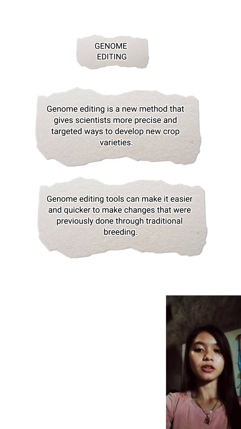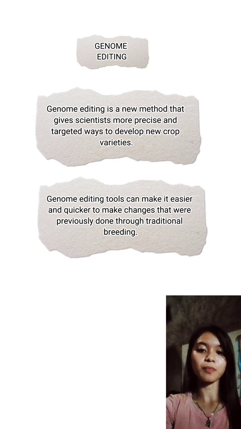So, genome editing is a group of technologies that give scientists the ability to change an organism's DNA. These technologies allow genetic material to be added, removed, or altered at particular locations in the genome.